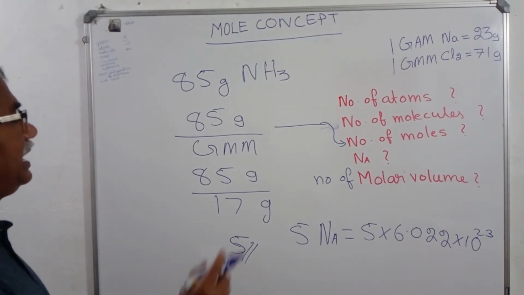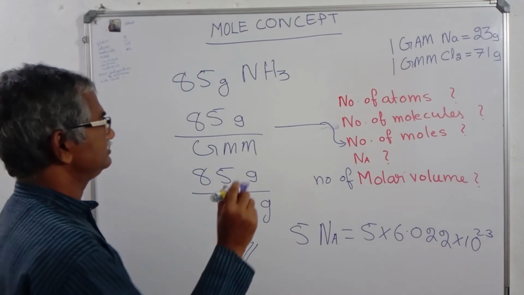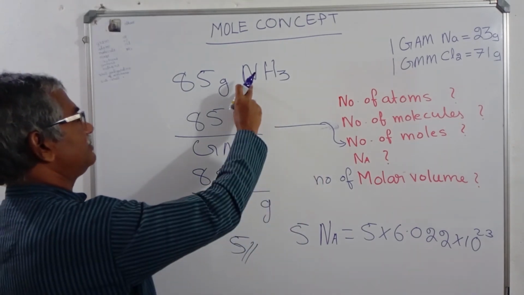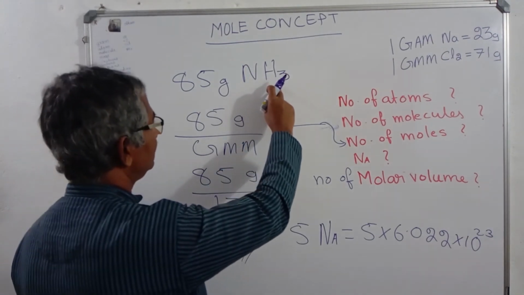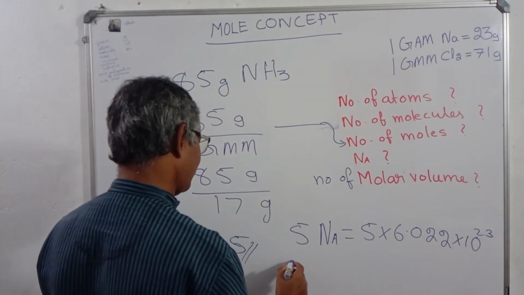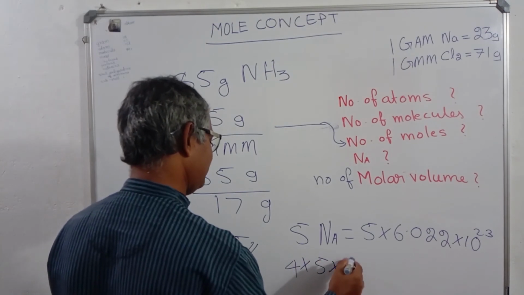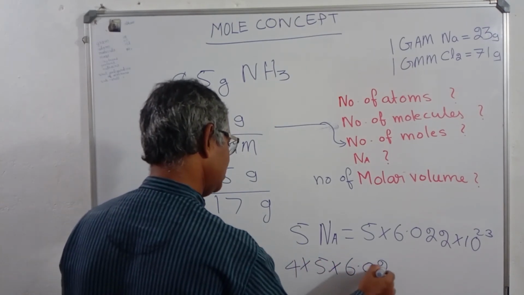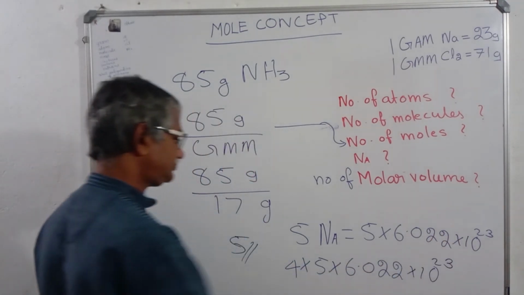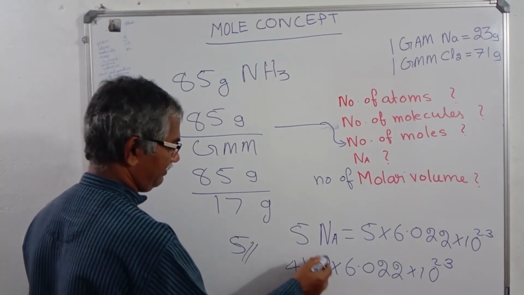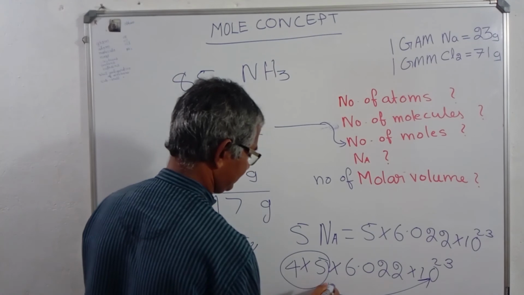So how many atoms will be in 85 grams of ammonia? 5 Avogadro number nitrogen, 3 Avogadro number hydrogen, therefore 4 into 5 into Avogadro number, 6.022 into 10 to the power 23. You can simplify it if you need it.